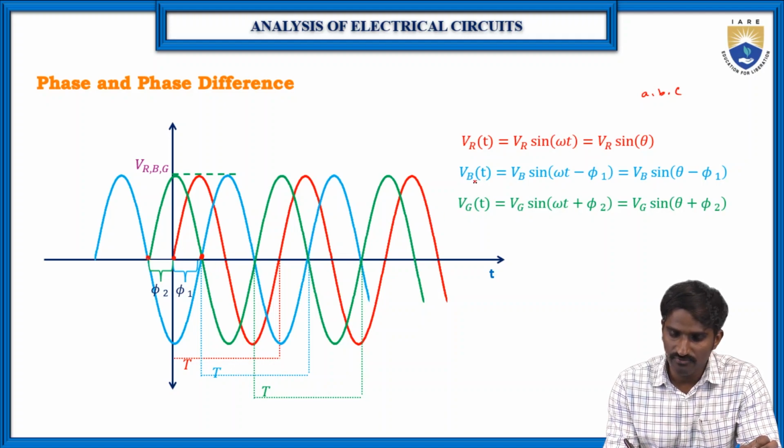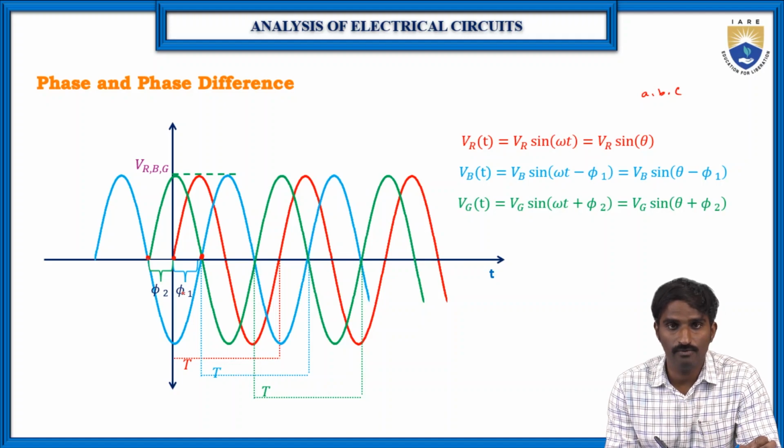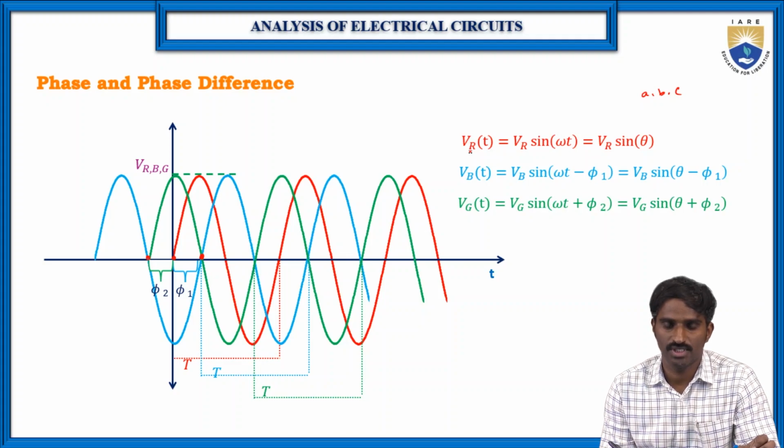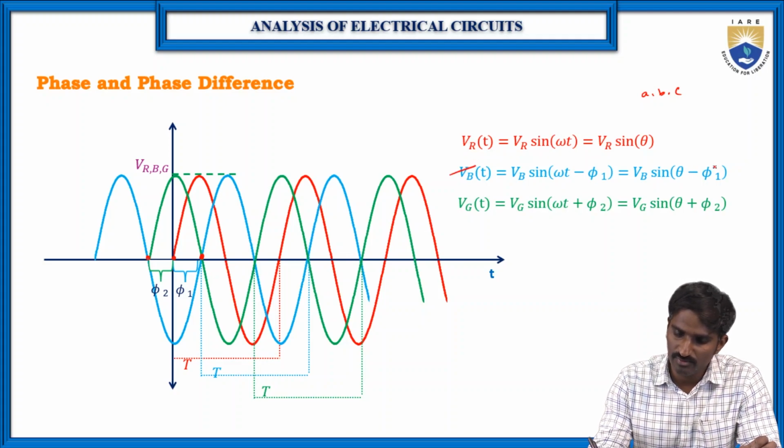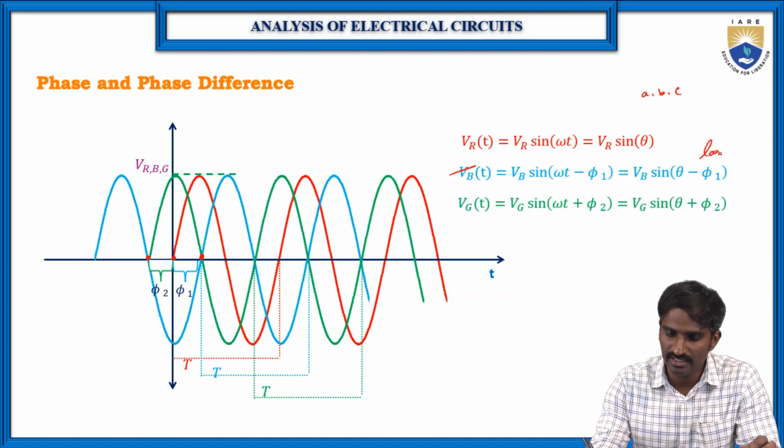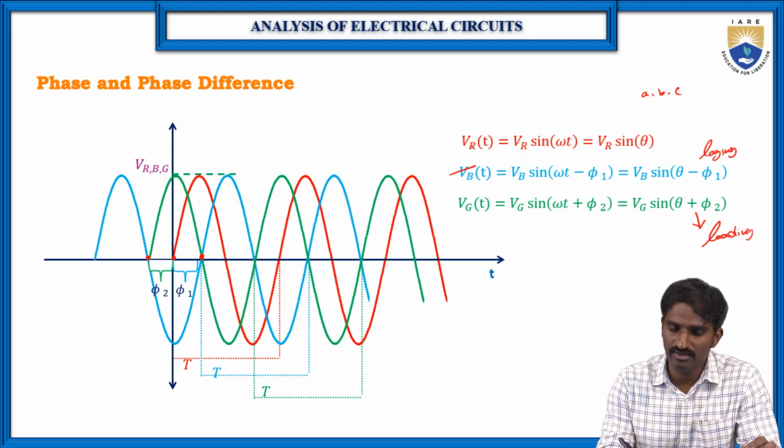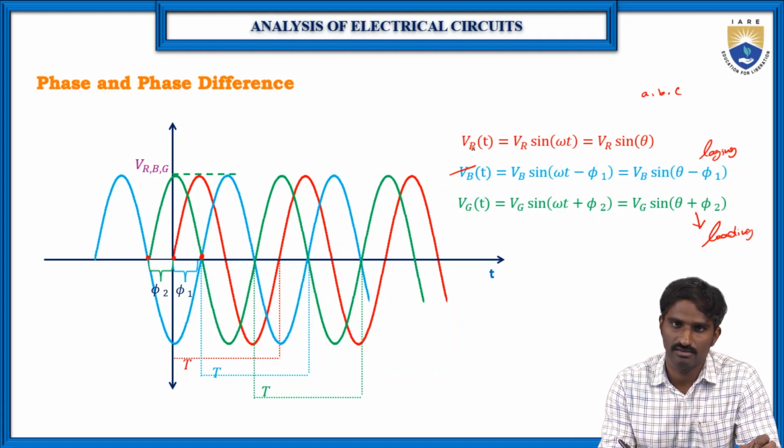So VB is lagging behind VR by an angle phi 1, but VG is leading VR by an angle phi 2. Because VB has a minus, it is lagging, and because VG has a plus phi, it is leading. So VB is lagging with respect to VR, and VG is leading with respect to VR.